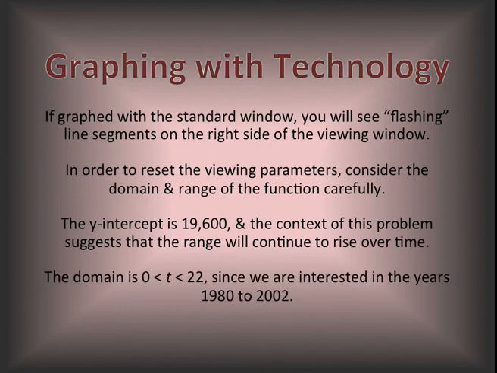The domain, on the other hand, which would be represented on the x-axis, goes from 0 to 22, since we're interested in years of 1980 through 2002, where 1980 is 0 and t is every year since the beginning of that counting interval.